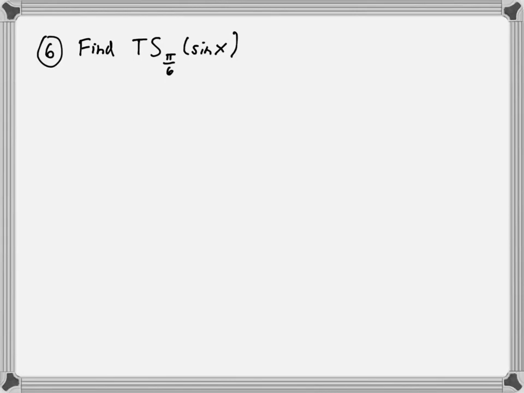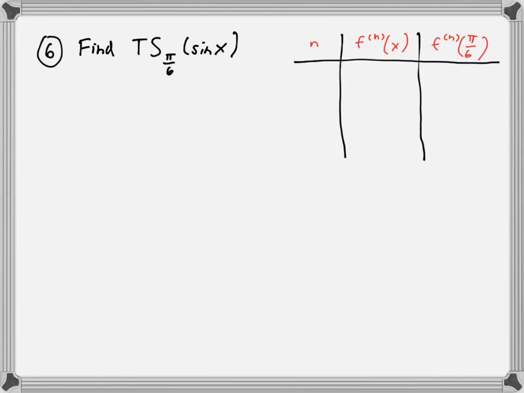I'm going to do my derivative table, as you guys know, right? I have my n, I have my f_n of x, and then I have my f_n at pi over 6. Okay, so let's start with n equals 0.